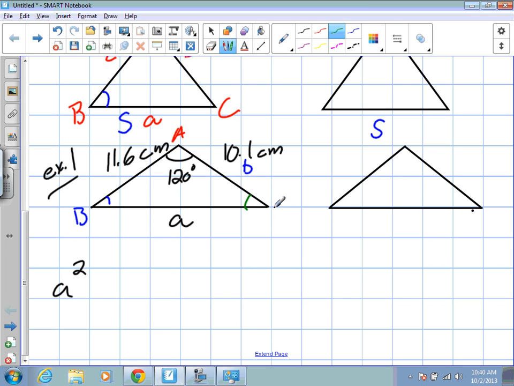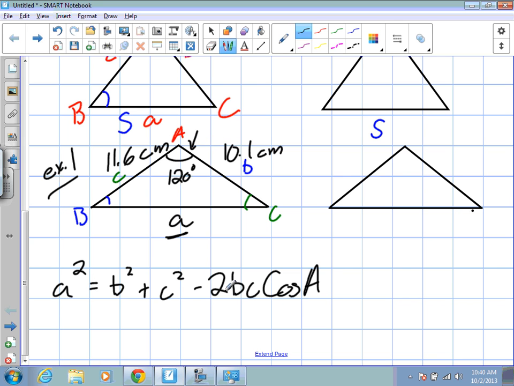And C. So if I'm looking for A, it goes on the outside. And then it's going to be equal to B squared plus C squared minus 2 times the B and the C. And then it's going to be cos of whatever angle we're looking for. So angle A, which is 120. From here, we plug in the information.